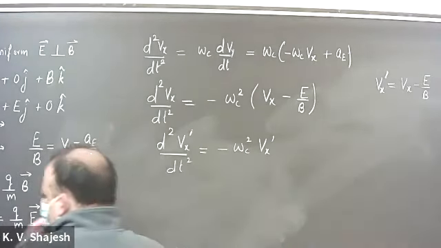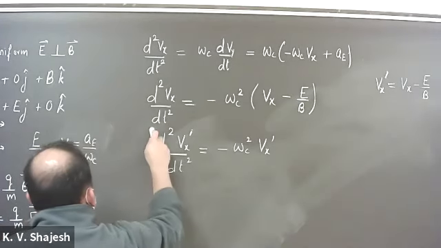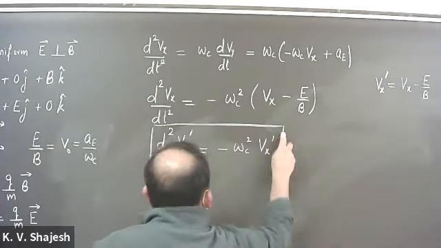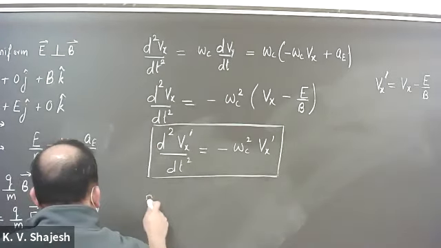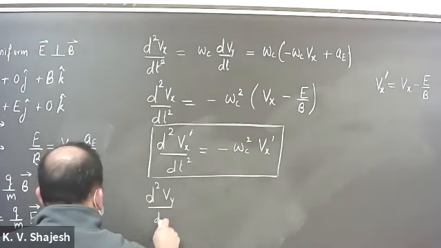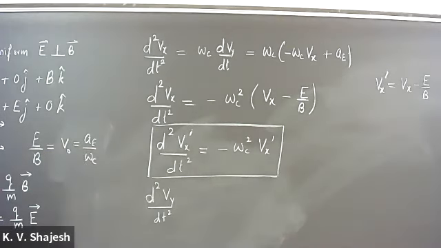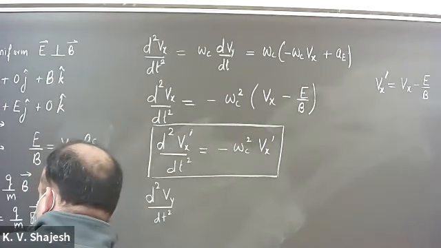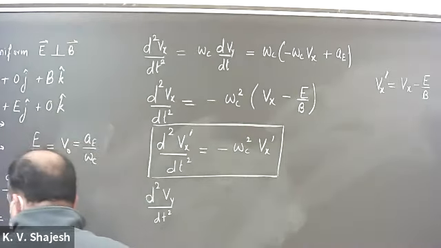Going back to the Vy, let's see what happens. We'll do the same thing. So let's go to the Vy. That's the second derivative of Vy with respect to dt squared. Basically, I'm taking the derivative of the second equation. If I take the derivative of the second equation, the acceleration term is a constant, so it doesn't contribute.